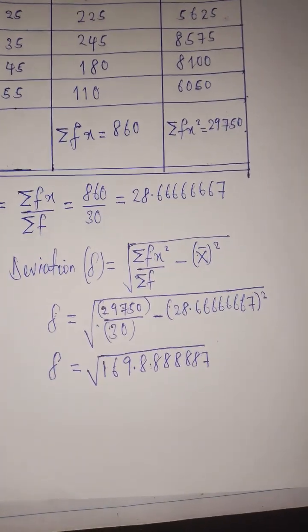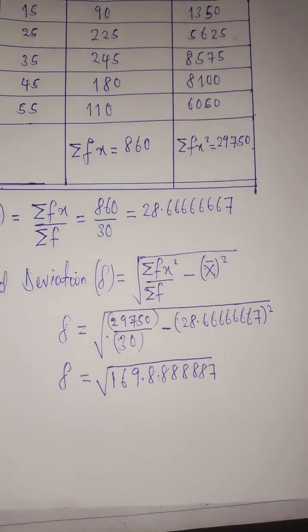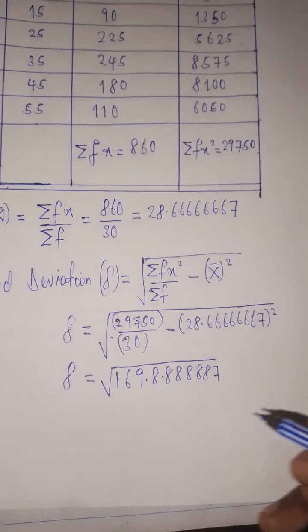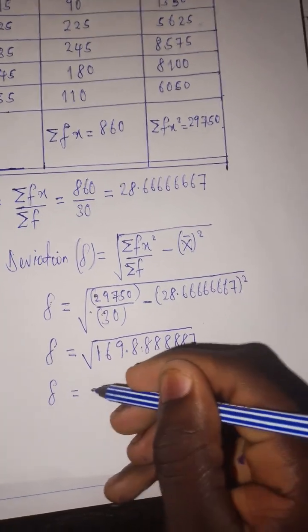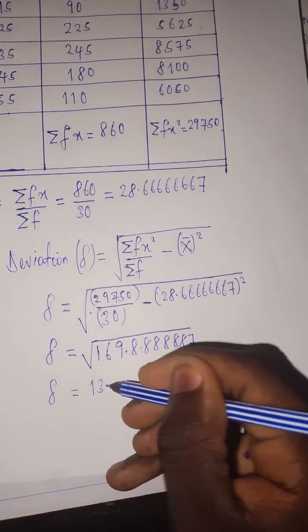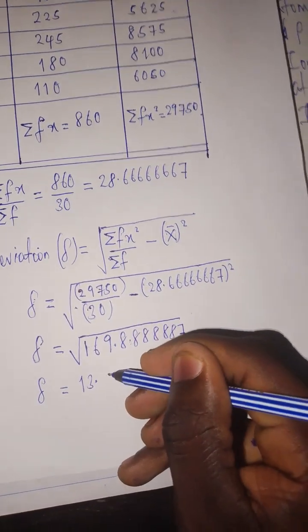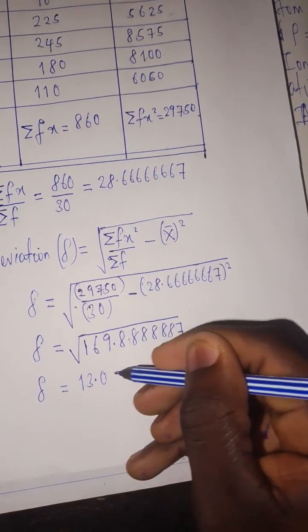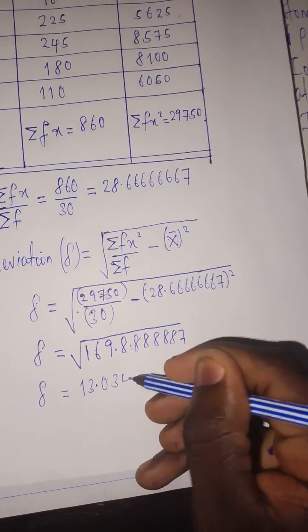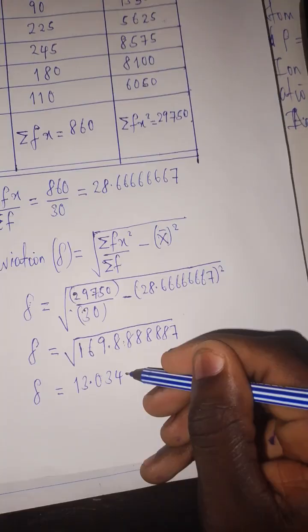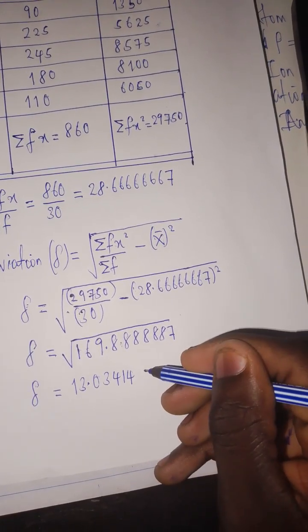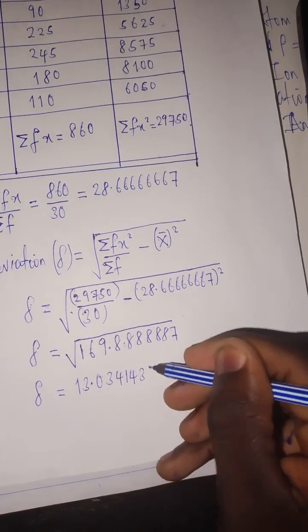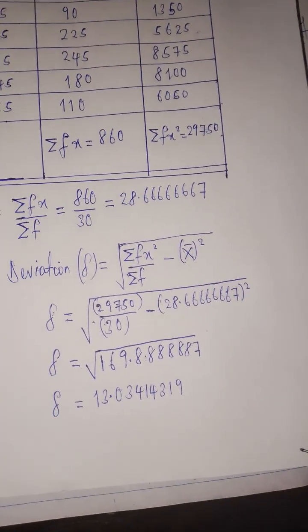Then I'm going to calculate the square root of this value, and that is giving standard deviation to be 13.03414319.